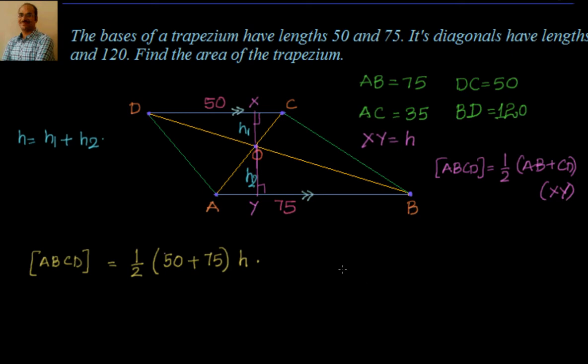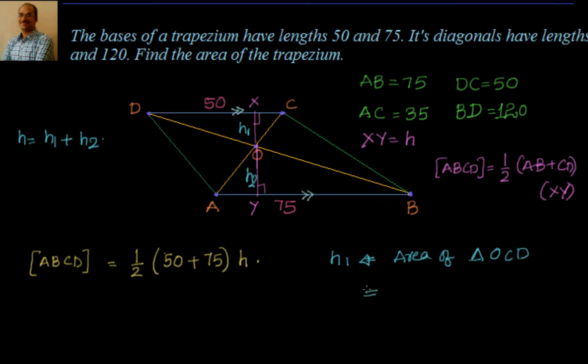To know H1, what should I know? I need the area of the triangle ODC, because if I know the area of triangle OCD, I can find the value of H1. Now the next thing is how to find the area of triangle OCD.